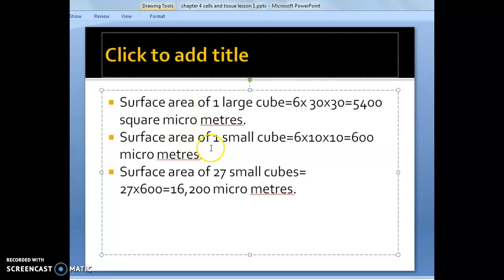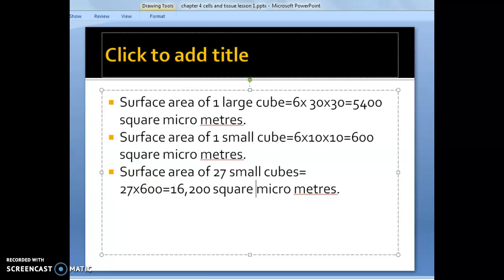Then the surface area of one small cube is 6 into 10 into 10, which is 600 square micrometers. And here square is missing, square micrometers. And the surface area of 27 small cubes becomes 27 multiplied by the surface area of 1, equals 60,200 square micrometers. Right?